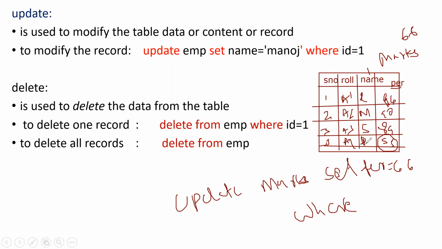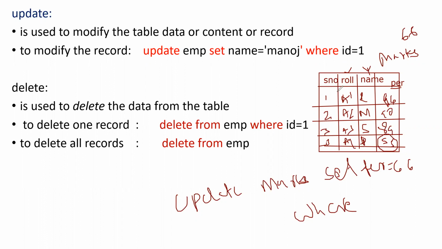This is name. Okay, if there are more than one Prakash, for example, there are 3 people with the Prakash name, all the Prakash names will be updated with 66%. So we should not use name, but we can use roll number, because all the roll numbers are unique.